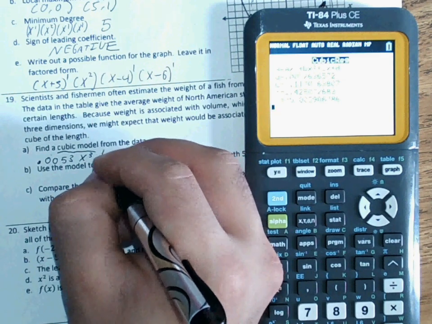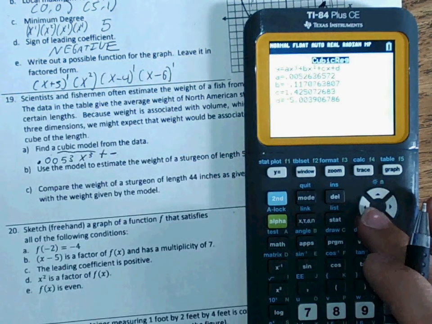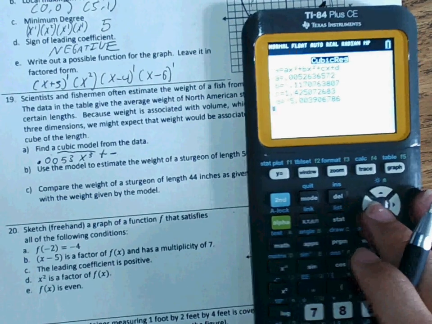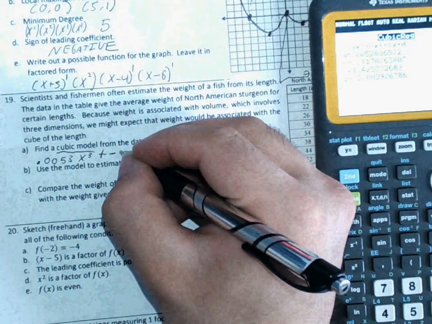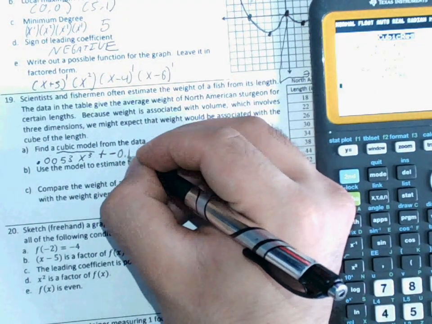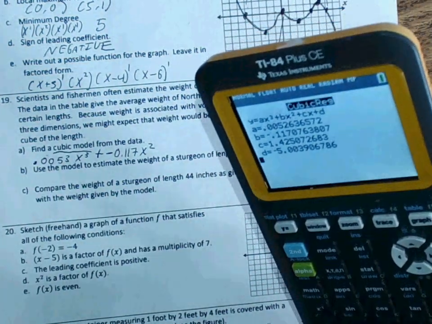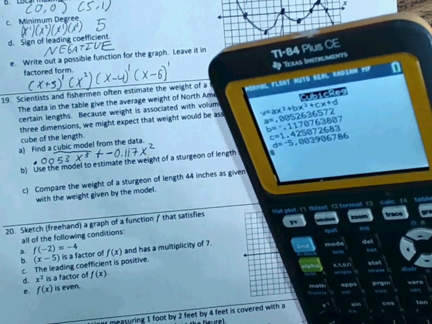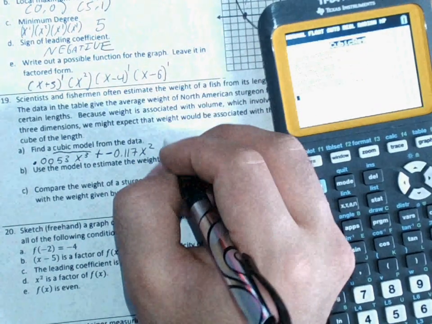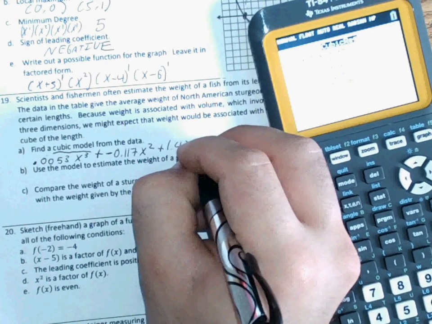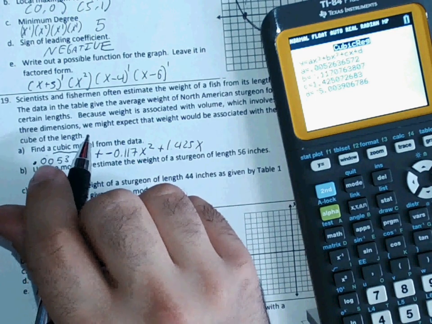Actually, because I already wrote this in pen, plus negative 0.117 x squared plus 1.425 x minus 5.004.